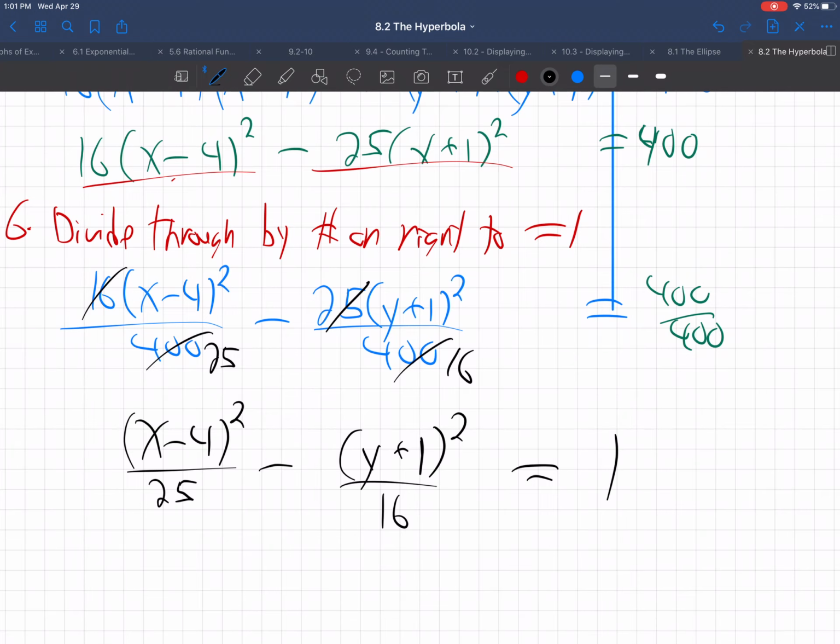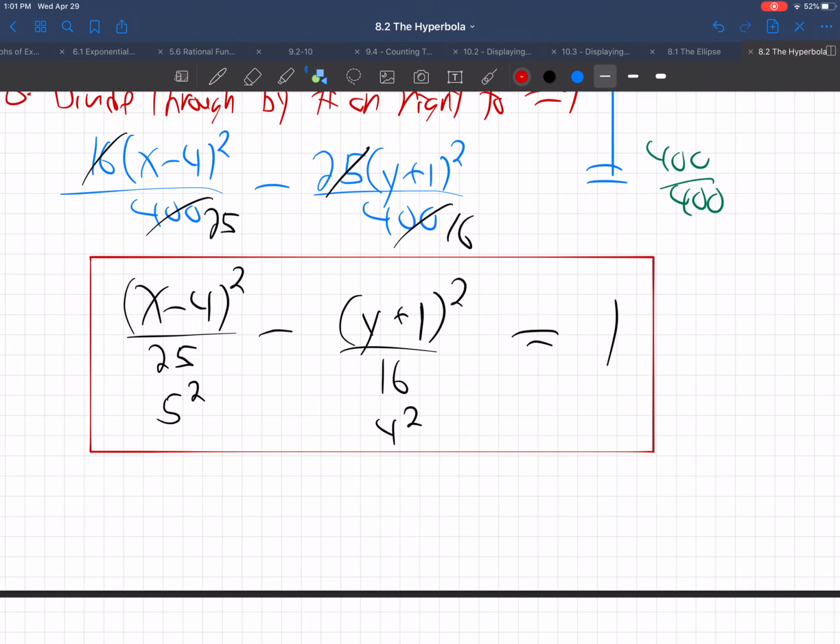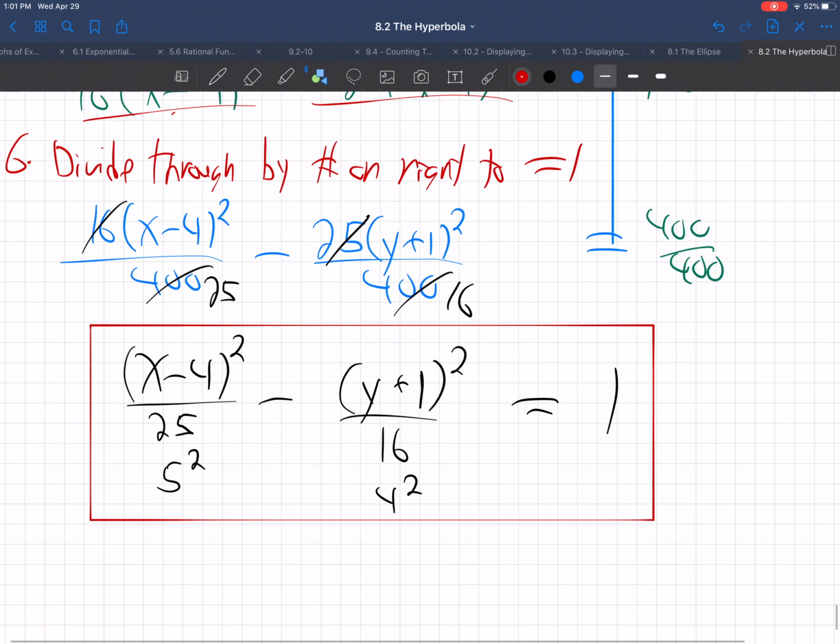So we did it. We made the equation into the form, and they might want us to make this bottom 5 squared or this 4 squared. I think they'll take it either way. So there it is. We were able to transform that original equation by completing the square. That's a lot of work.